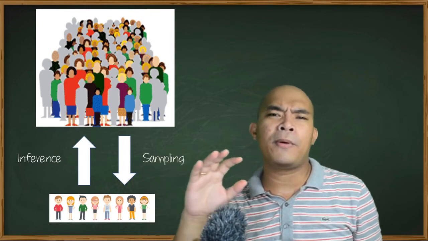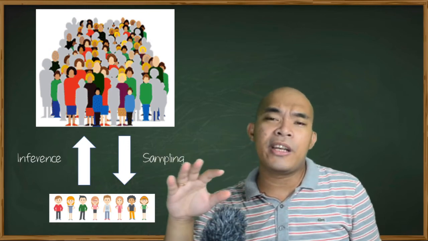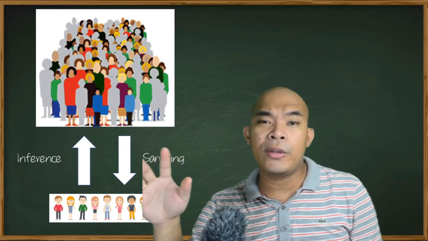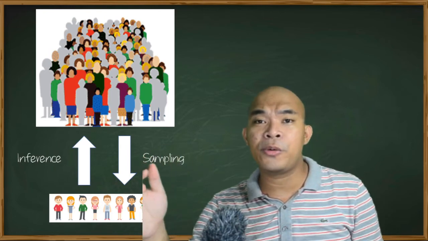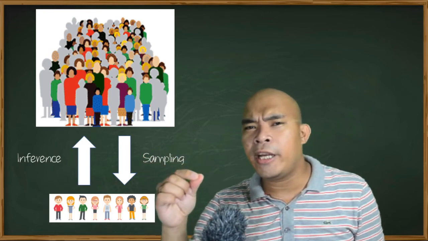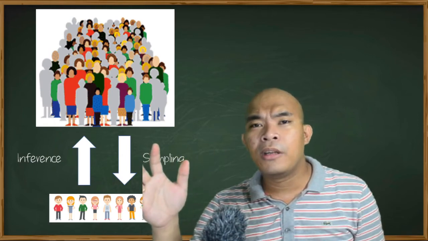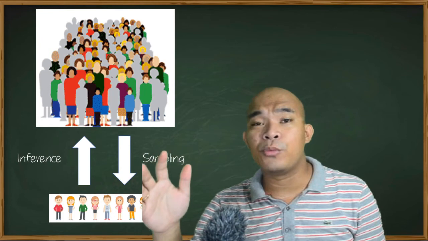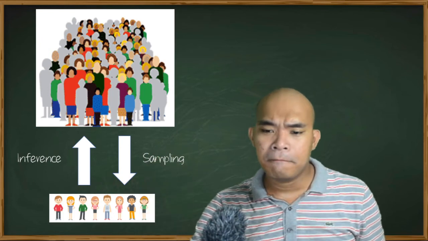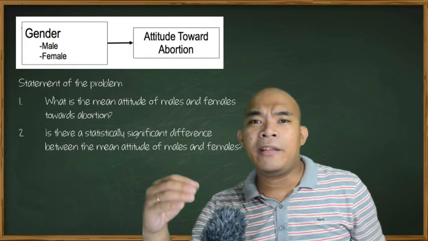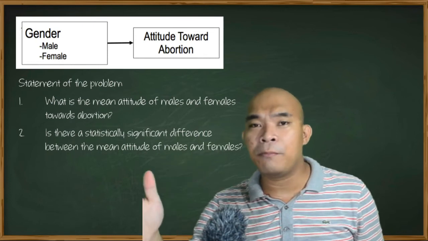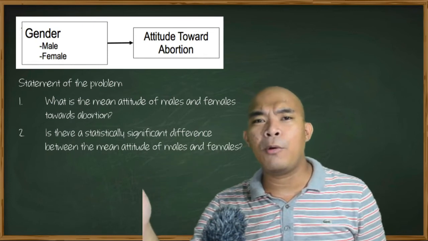If our statement of the problem is purely descriptive, then there is no null hypothesis. On the contrary, if the problem is trying to infer something about the population, then a null hypothesis will be required. So let me ask you in this example here, how many null hypotheses should we make?